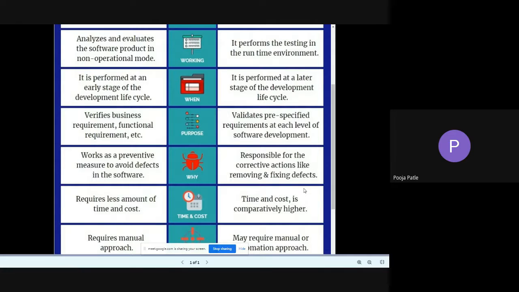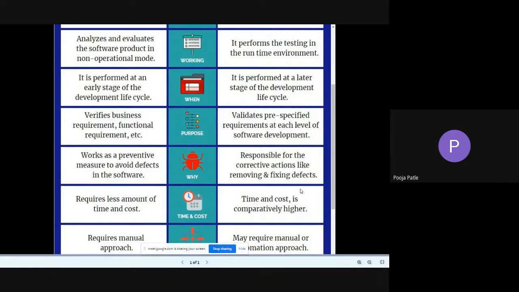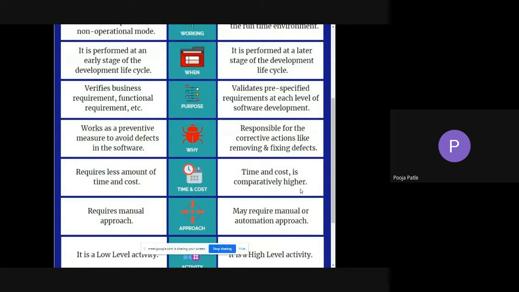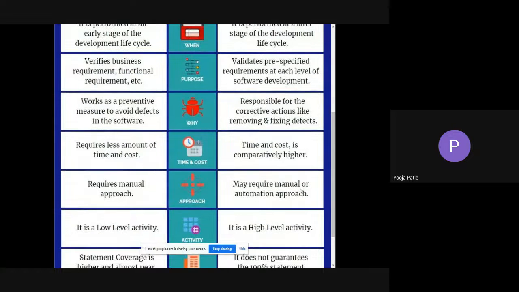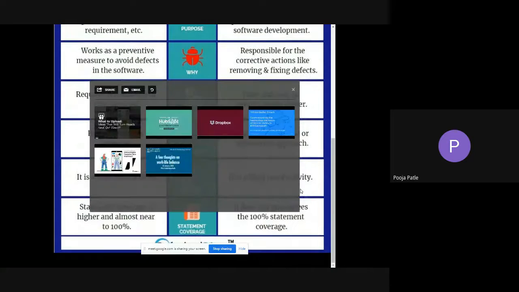Static testing requires less time and cost, whereas in dynamic testing the time and cost are comparatively higher. Static testing requires a manual approach, whereas dynamic testing may require a manual or automation approach. Static testing is a low level activity, whereas dynamic testing is a high level activity.